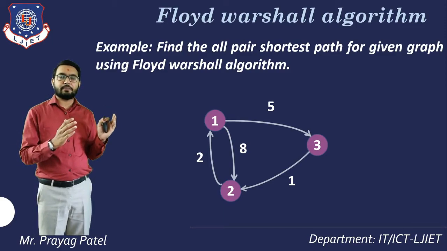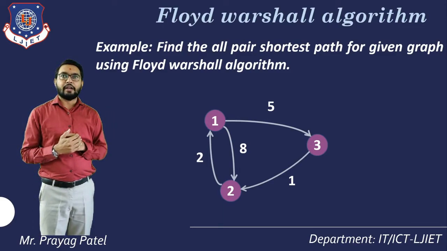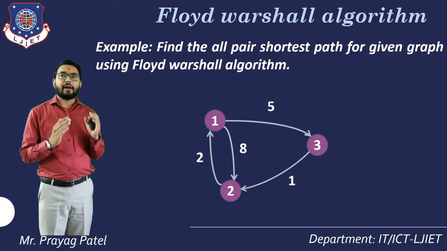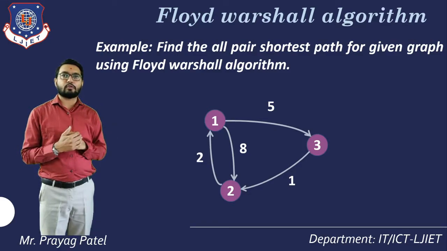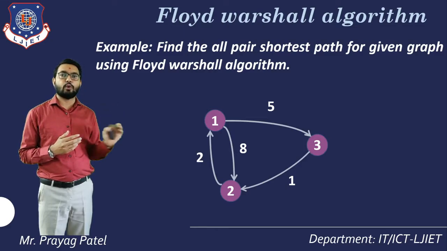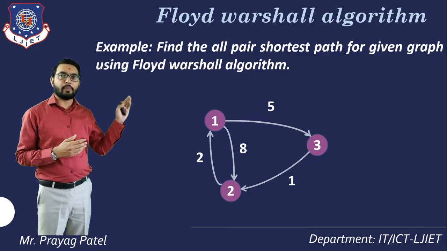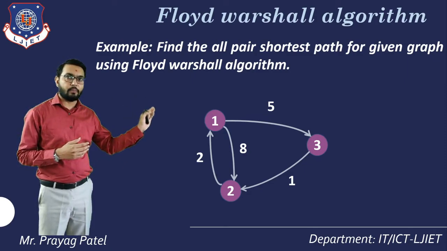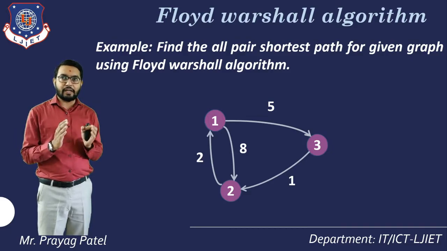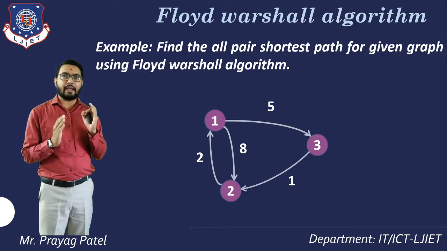Now understand this method using one example. Consider the example: find the all pair shortest path for the given graph using the Floyd Warshall algorithm. Here see the graph. In the graph there are 3 nodes, node number 1, node number 2 and node number 3. The given graph is a weighted and directed graph.